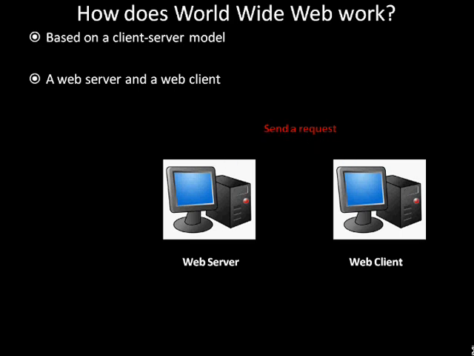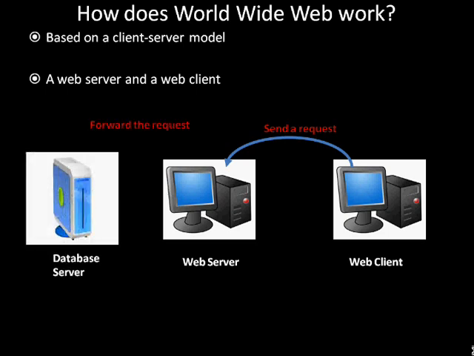A client program sends a request to a server program. If it relates to some kind of information that needs to be fetched, then the web server will forward the request to the database server to retrieve the information. The database server will accept the request, then fulfill the request, and send a response, which the web server will do the same to the client.